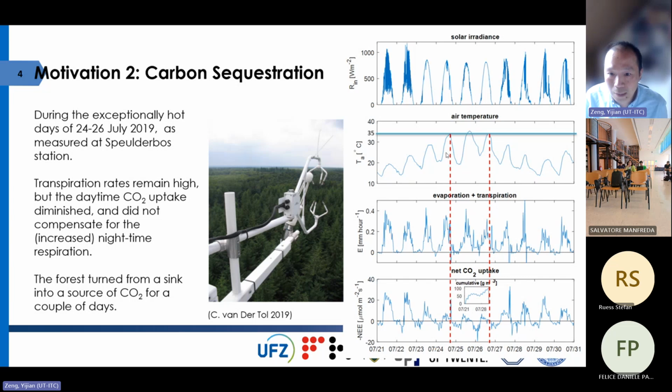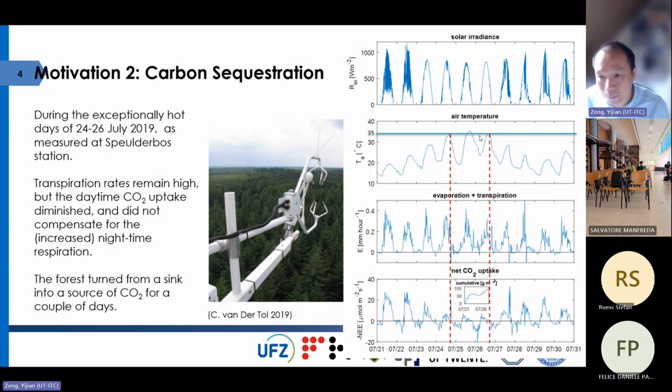In any case, here I just want to say that for July 24 to 26, you have this very high air temperature. And you can see the evapotranspiration is still very high for these 3 days. However, for the net ecosystem exchange, if it is positive, it means carbon uptake; if it is negative, there is a carbon emission, or respiration of the ecosystem.